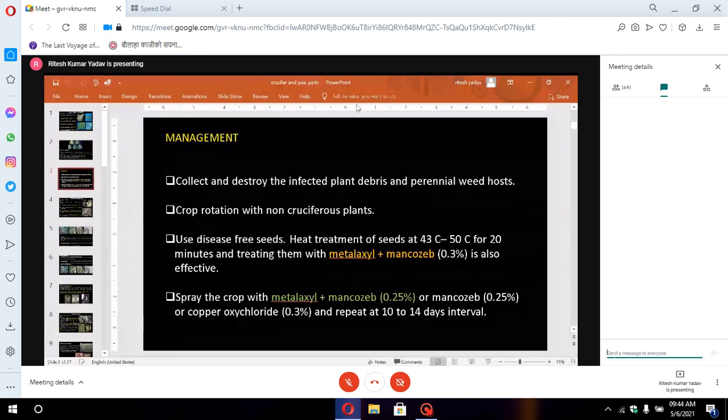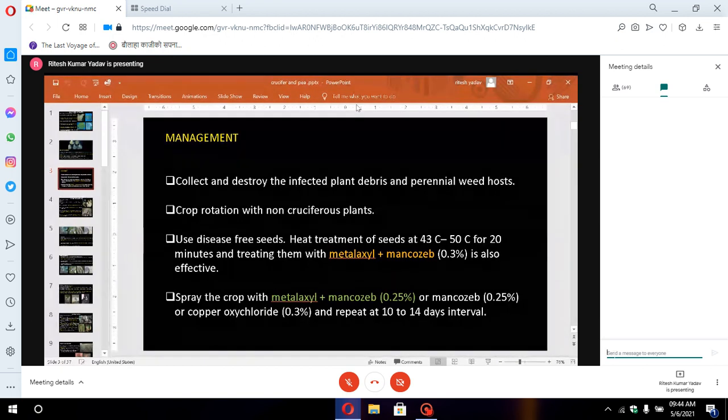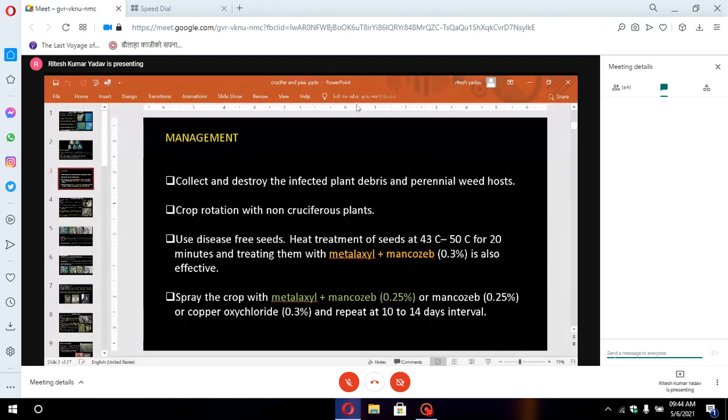Since they can survive in a number of cruciferous weeds or volunteer plants, management of that is very necessary. They can easily survive in crop debris. Where there are very humid conditions, like in the Lumle area, downy mildew of crucifers is very severe because it is highly humid, and the Lumle area conditions are very cool, so it is very severe.